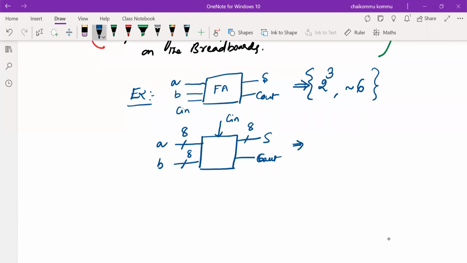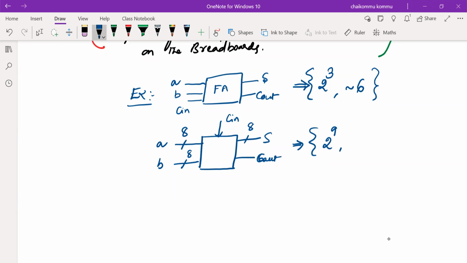Now can you define what the truth table size is? The number of inputs is 8 bits plus 8 bits and one input of one bit size. Therefore 2 power 17 would be the truth table size, that is, this many rows the truth table consists of.